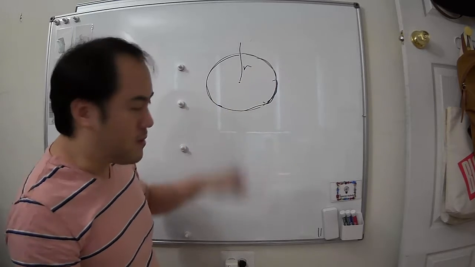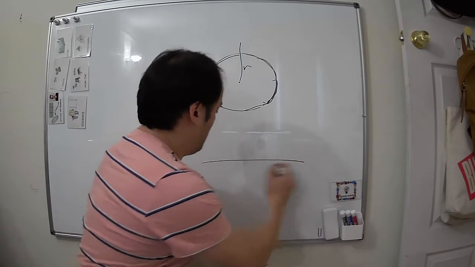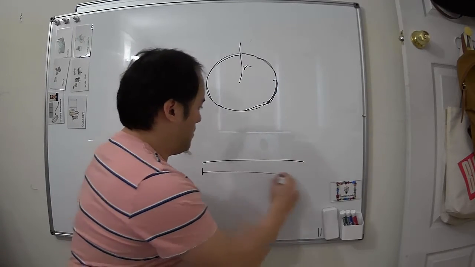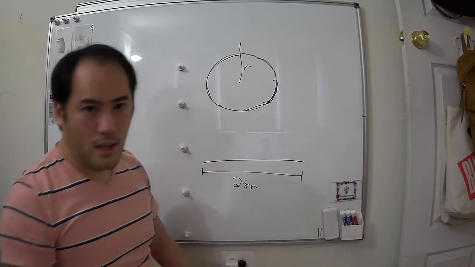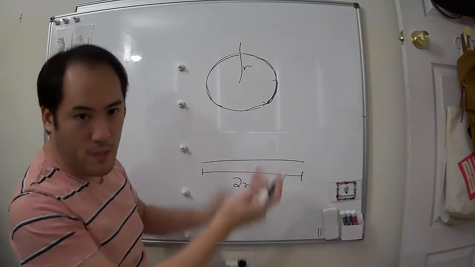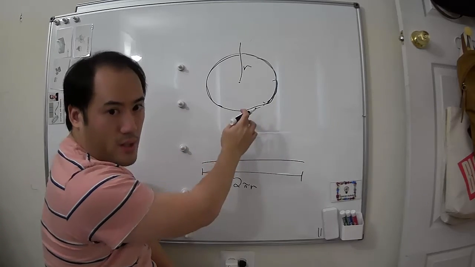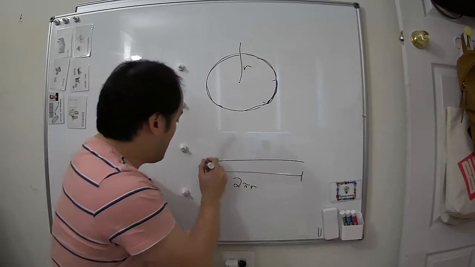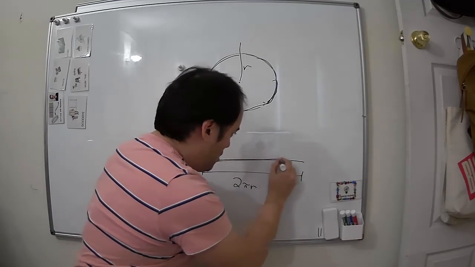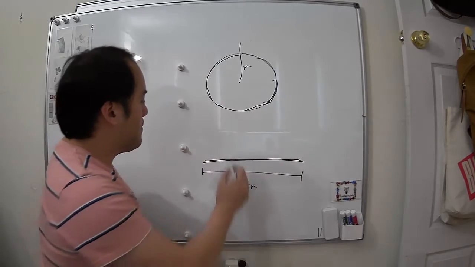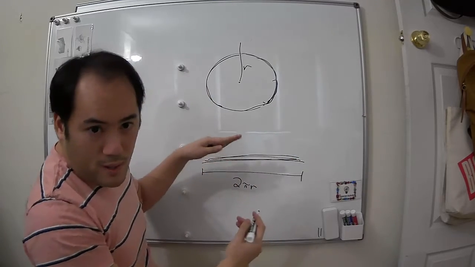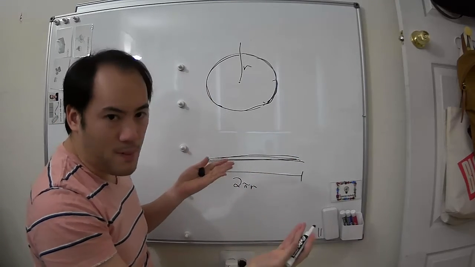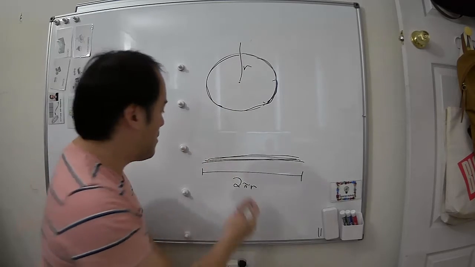It would be the circumference of the circle. Then the next layer would fold open. It would be slightly shorter because it's a slightly smaller circle. And the next layer, every layer of paper will be a slightly shorter piece of paper because it's a slightly smaller circle.